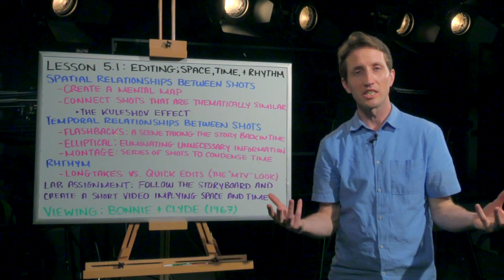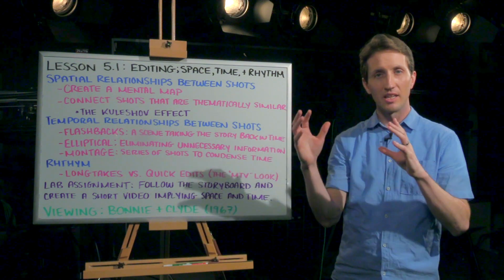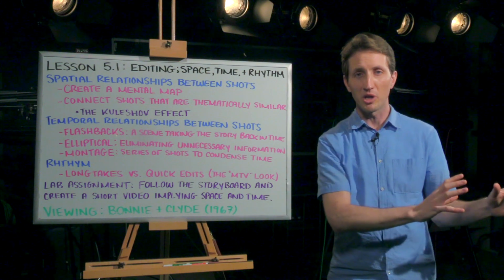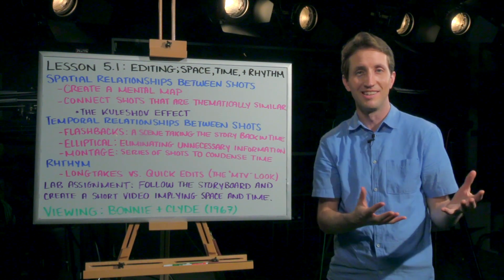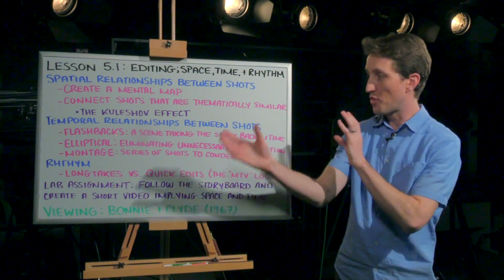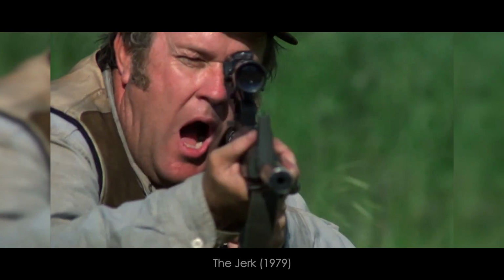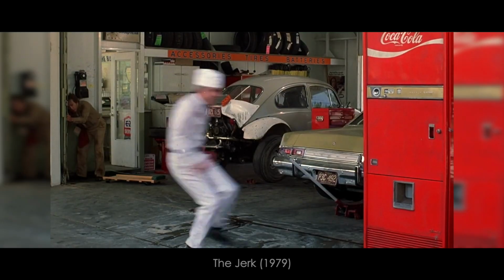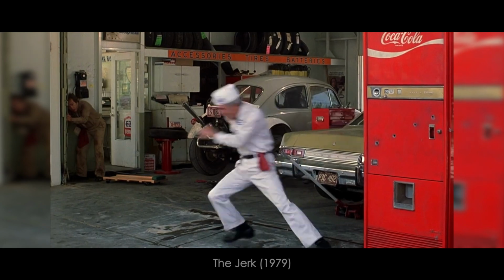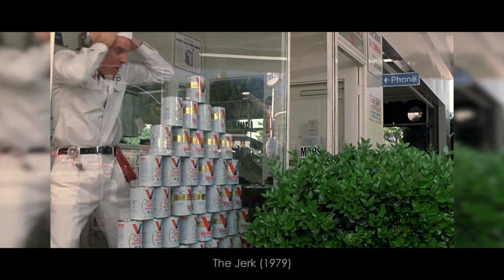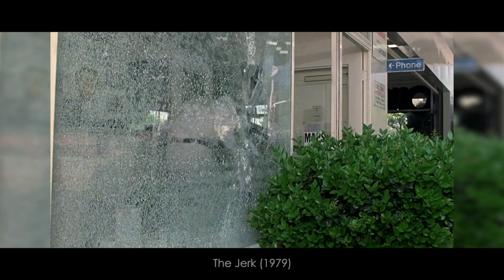And we as an audience understand that these different shots, the guy with the gun and Steve Martin trying to save his cans, are connected thematically, all right? This guy has a gun, there's bullet holes over here. We never see these two characters in the same shot, but again, the editing is creating this spatial relationship by connecting these common elements, the gun and the bullet holes.